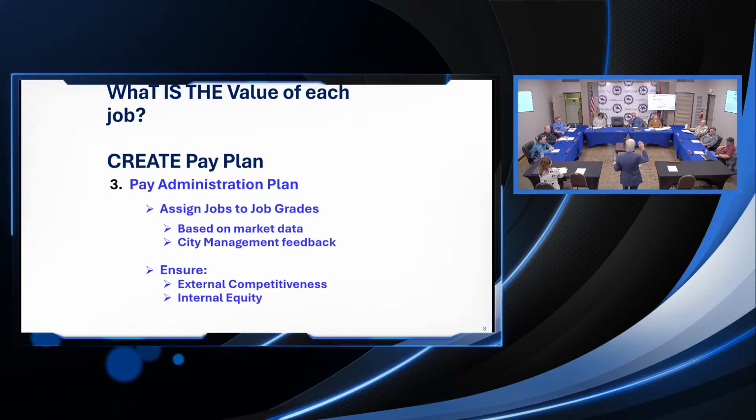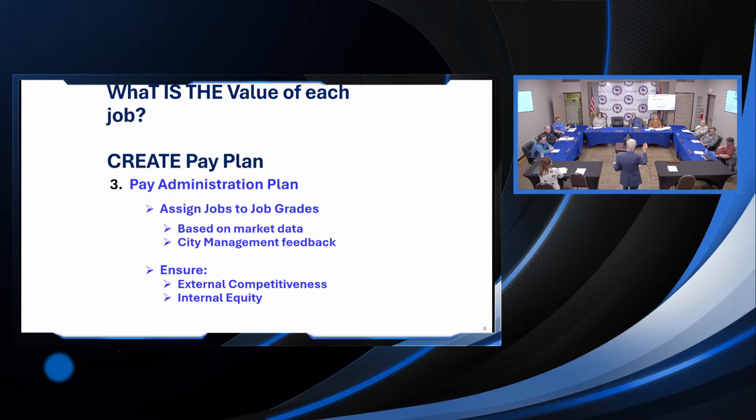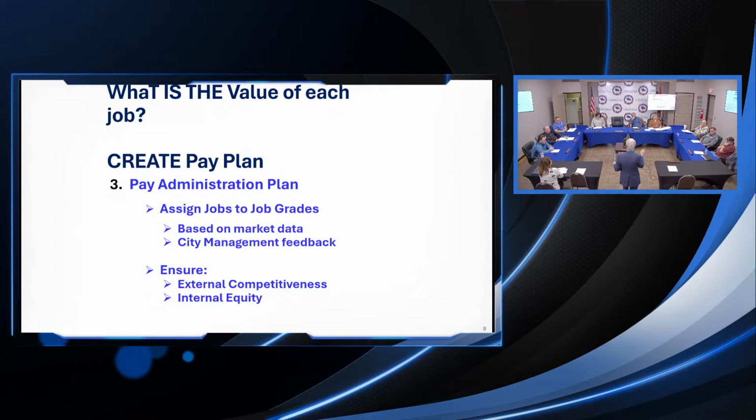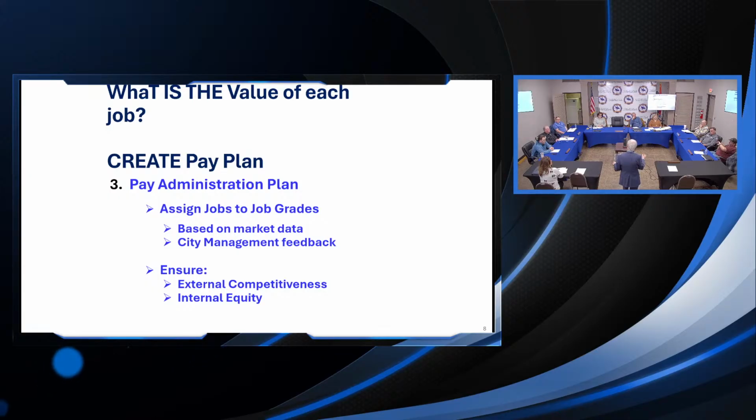Okay? Again, the midpoint of the pay range, or step 6 or whatever that market step is, is supposed to represent the market average. So jobs are assigned to the pay grade for which the market rate for the job most closely matches the midpoint or the market step, 6 maybe, of the pay plan. Okay? Now, that is reviewed with management.